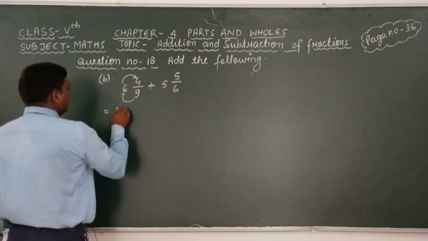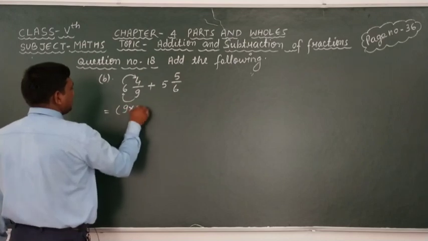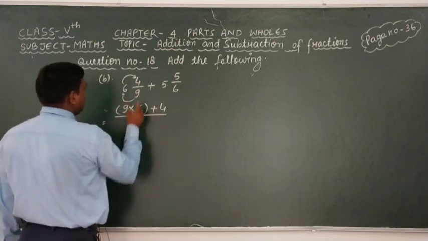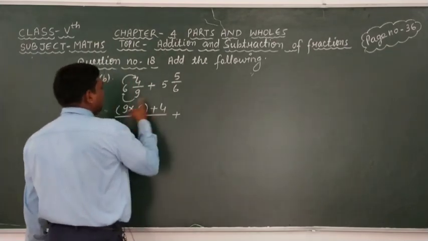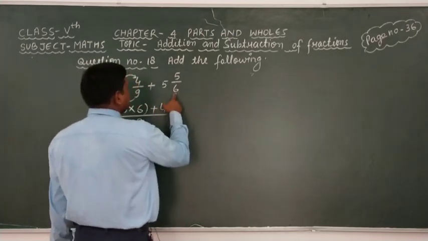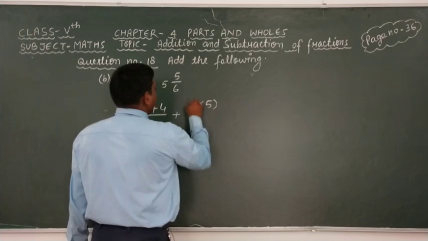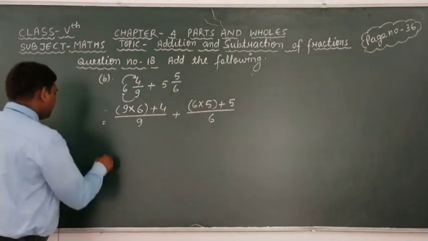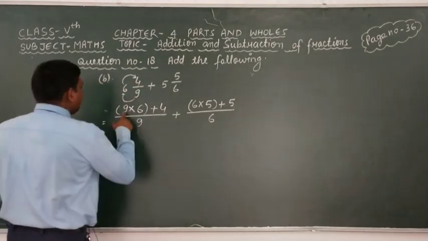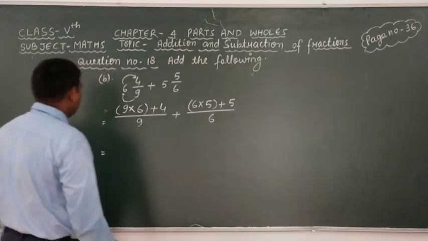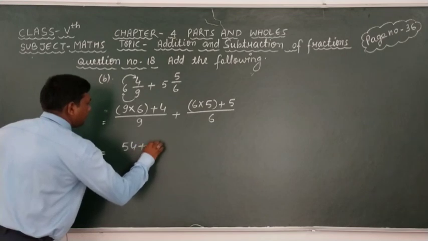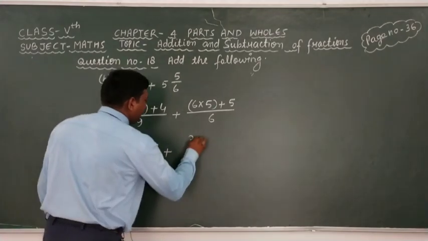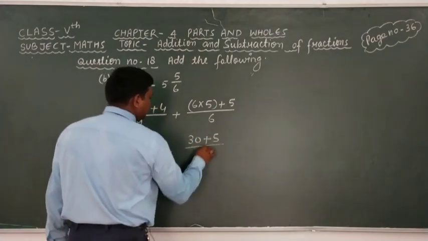9 into 6 plus 4, total upon 9, plus, similarly we do in this fraction, 6 into 5 plus 5, total upon 6. 9 sixes are 54, 54 plus 4 over 9, plus 6 fives are 30, 30 plus 5 over 6.